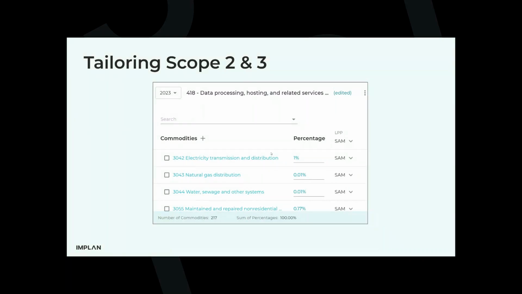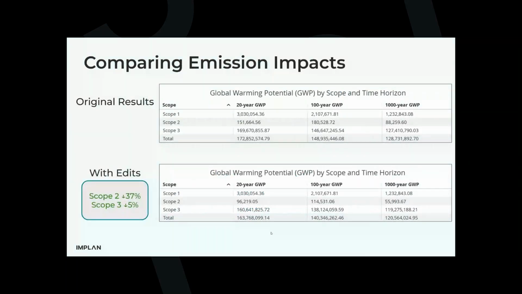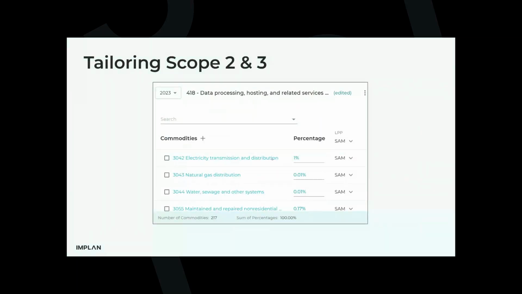This percentage here is the percentage of intermediate inputs, so the percentage of the industry that makes up is basically ending up with that 37% change. That's right, since the electricity transmission and distribution purchase is what drives our scope 2 entirely.